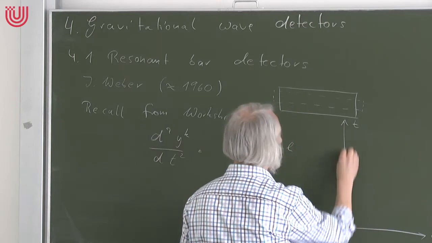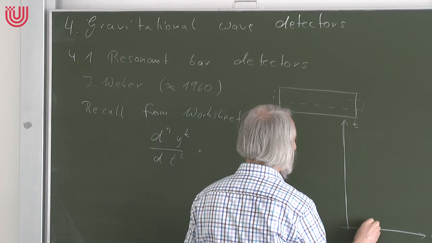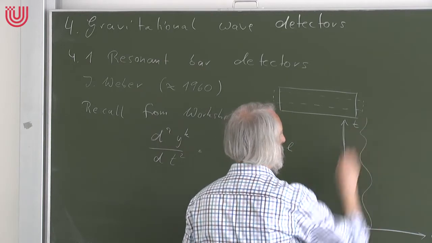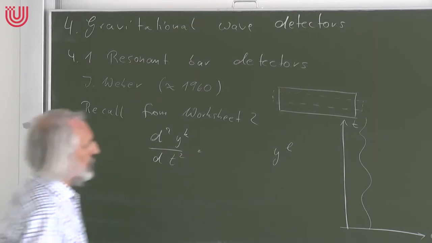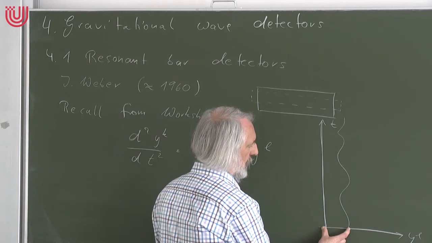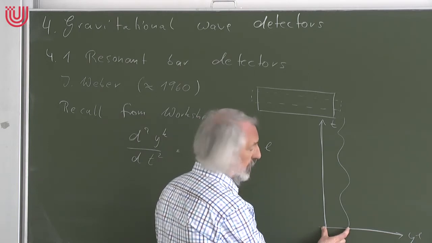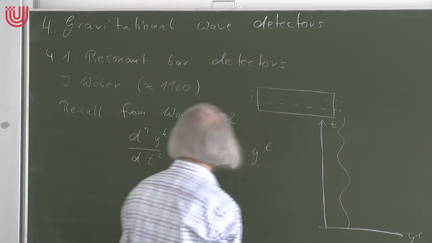You have here your central particle, the 0 in this coordinate system, and then you have here this oscillating coordinate y_k. And the formulas we derived were valid as long as everything can be linearized with respect to the y's. So this is true as long as this neighboring particle is close to the central particle.